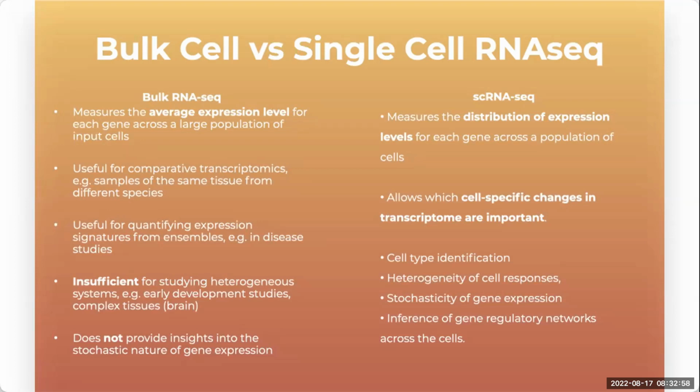We also see that bulk RNA-seq studies often do not remove outlier cells. So if you have a cell that does not belong to the bulk of the cells or the majority of the samples, then we have no way to remove the expression quantification from this specific cell.